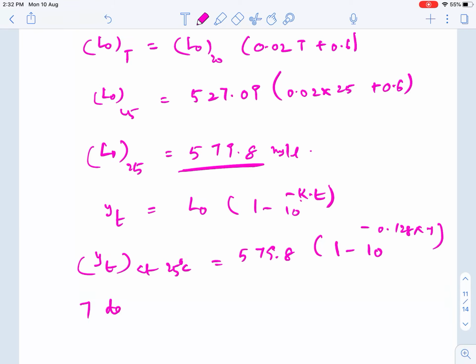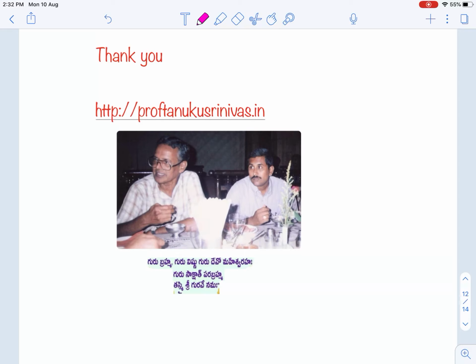So we can calculate by using this formula 7-day BOD at 25 degrees centigrade is equal to 503.47 milligrams per liter.